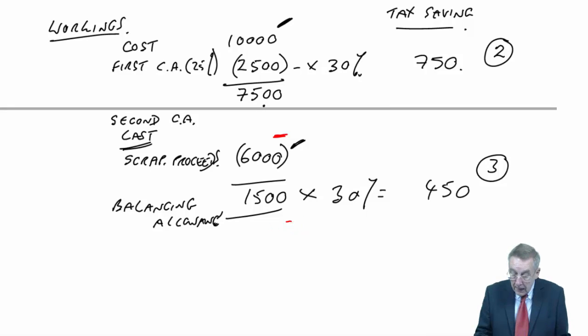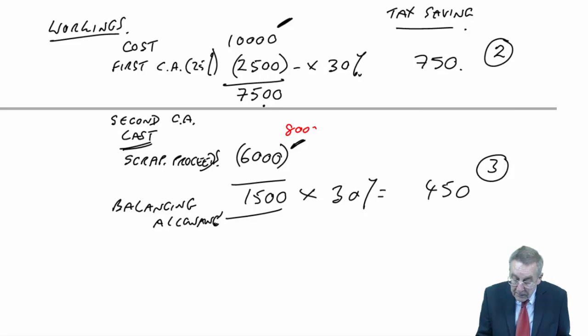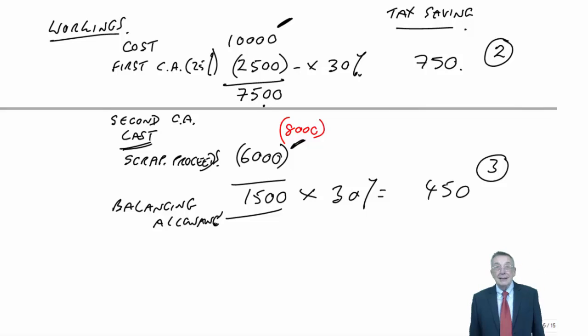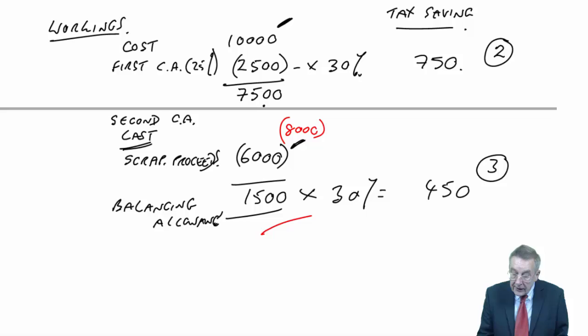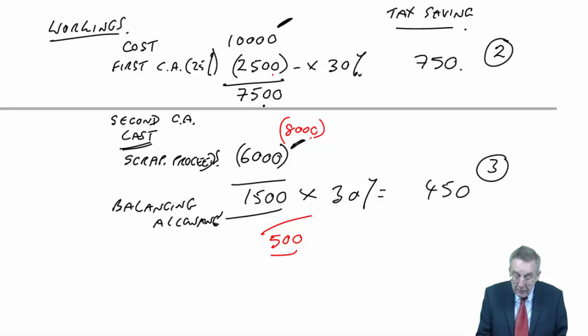No problem. Or what happens if the scrap proceeds had been 8,000? Well, if the scrap proceeds had been 8,000, you've had too many allowances. The difference between 7,500 and 8,000 is 500. Well, this would be what we call a balancing charge.